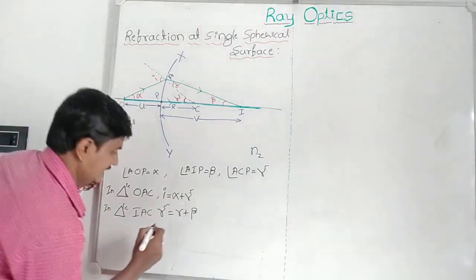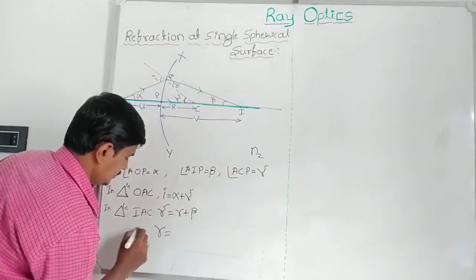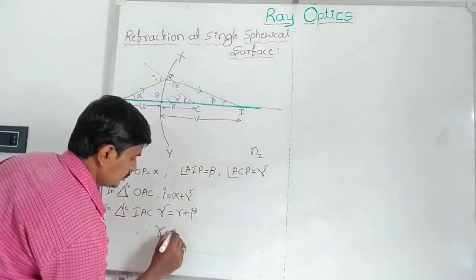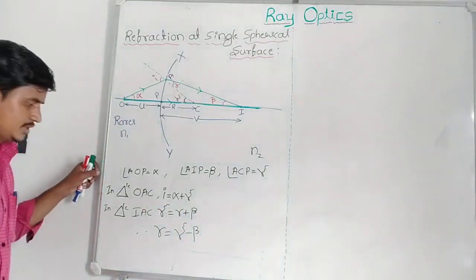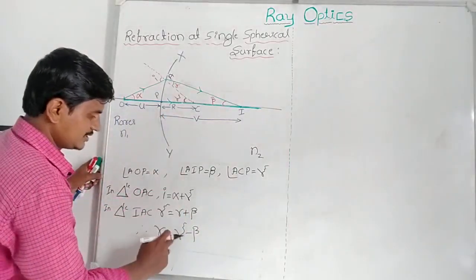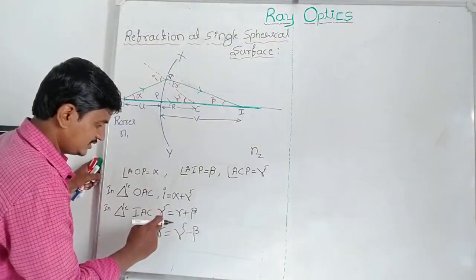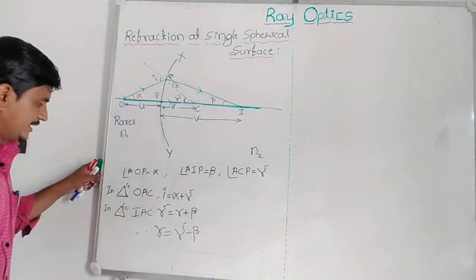Therefore r is equal to gamma minus beta, as beta moved to the left-hand side becomes minus beta.